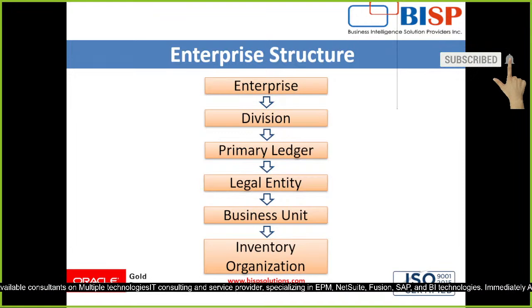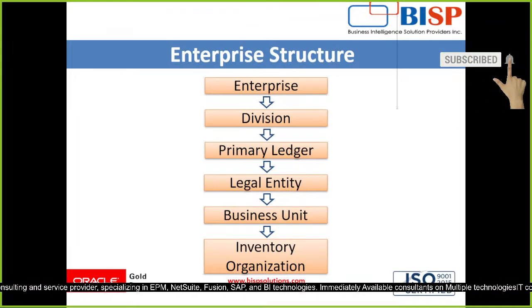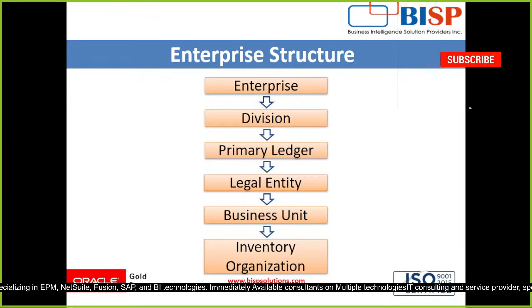And one thing we should remember is that one enterprise can be created in one Oracle Fusion instance, one Oracle Fusion application, right? And when we get our first instance, by default the enterprise structure is created in this instance, right? So we can edit the information in this enterprise.